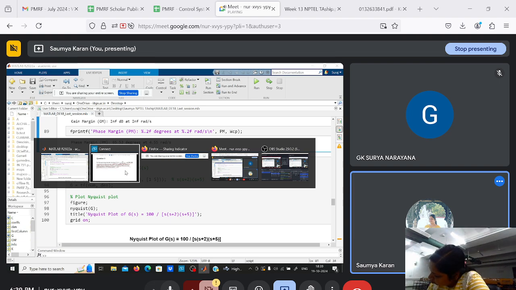It states that the number of encirclements around -1, 0 in counterclockwise direction should equal the number of poles in the right half S plane for the system to be stable, right?